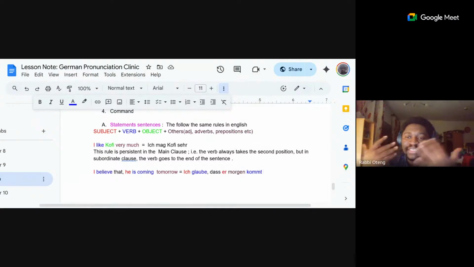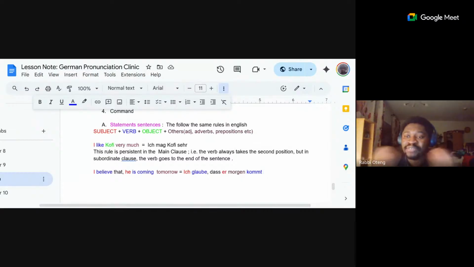The main clause can stand on its own, but the subordinate clause can't. You need the main clause to understand the subordinate clause, so the subordinate relies on the main clause. You can't do away with one.